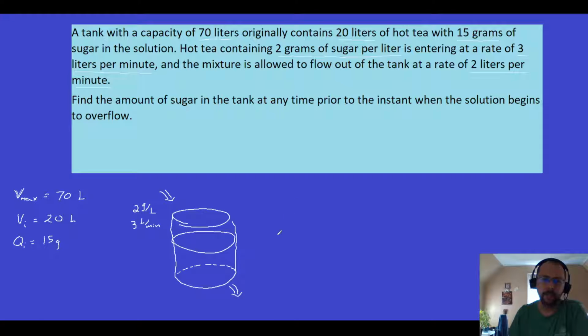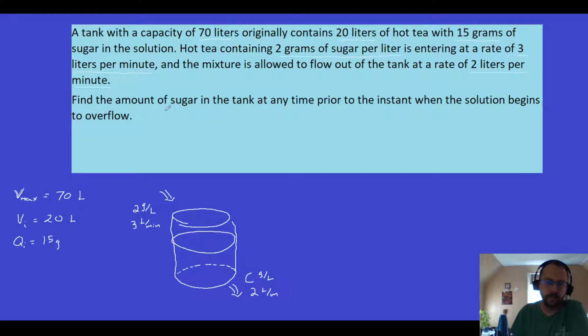Then flowing out will be, I'll use a big C here, concentration in grams per liter, and the rate out is 2 liters per minute. So what you'll notice from this is that there is a faster flow rate in than what's coming out. So over time, this level is going to rise.